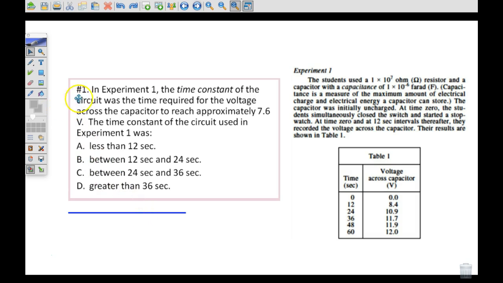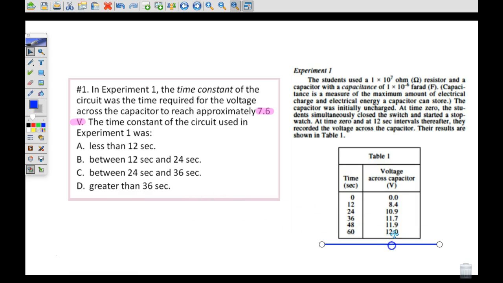In our first question, it asked in experiment 1, the time constant of the circuit was the time required for the voltage across the capacitor to reach approximately 7.6 volts. So the time constant of the circuit used in experiment 1 was what? If we're looking at experiment 1, that refers down to table 1.